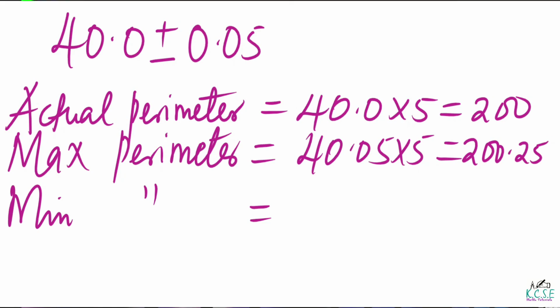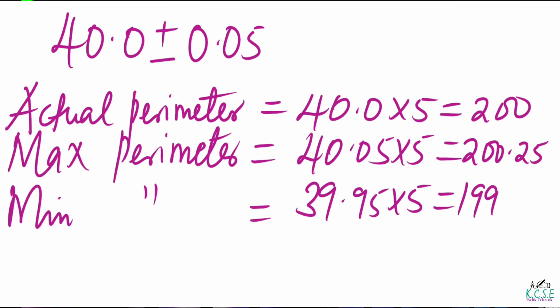This one will be obtained by taking 40 subtract 0.05. This gives 39.95. We multiply by 5, and this gives 199.75.